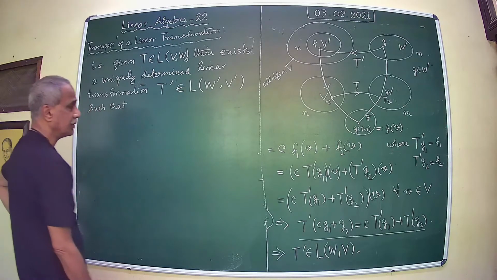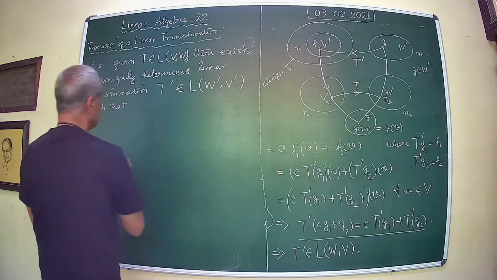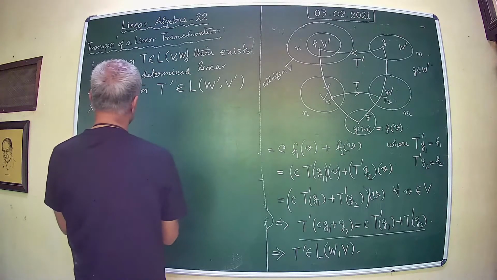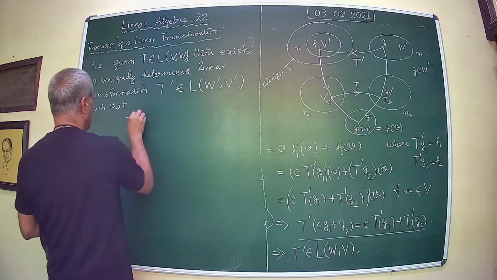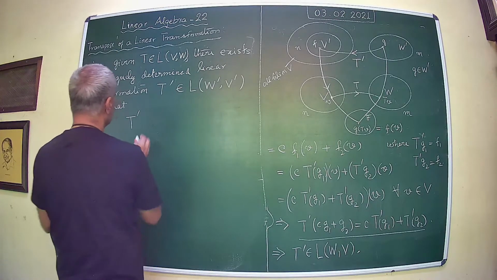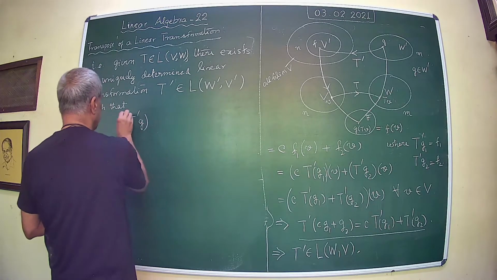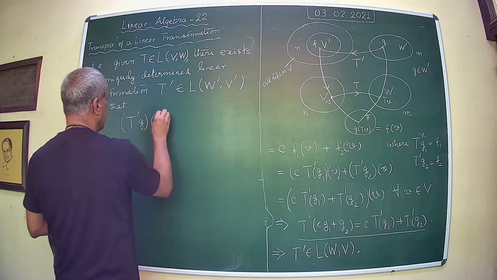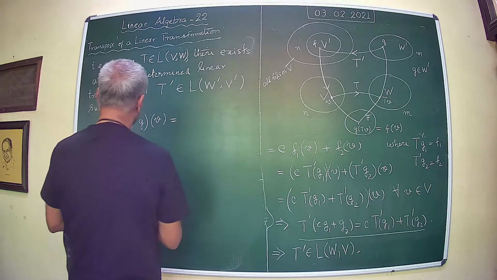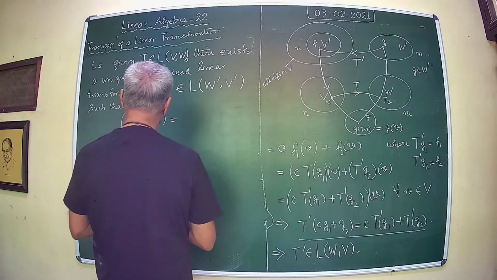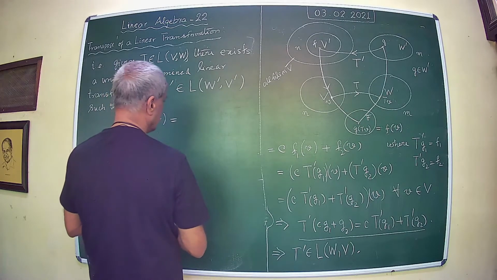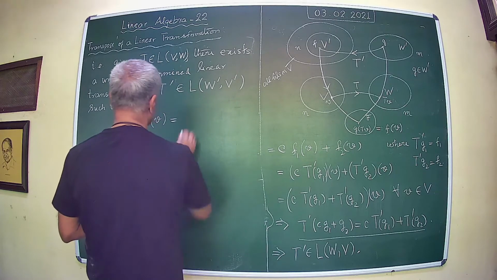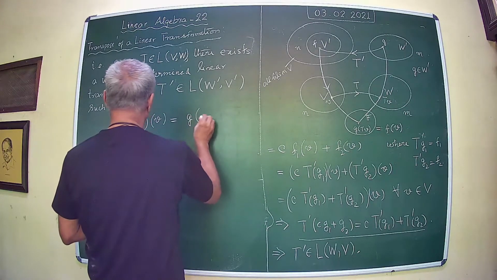or the definition of that is the following, that is T prime of G acting over V equal to G acting over TV.